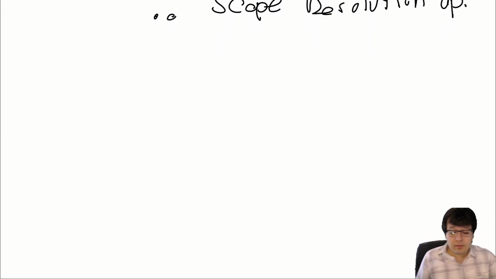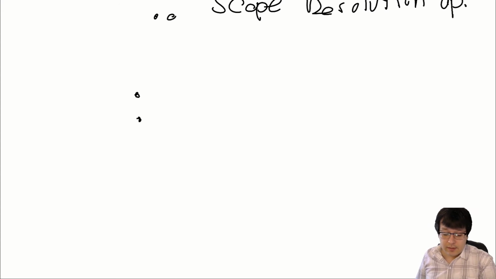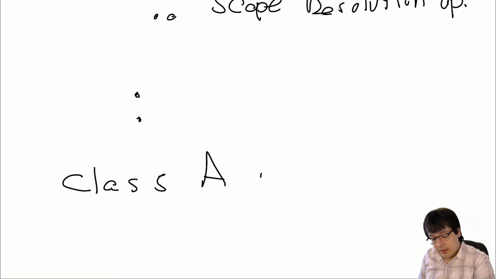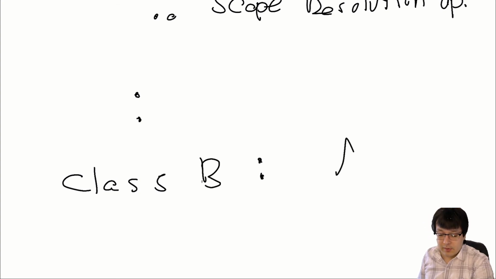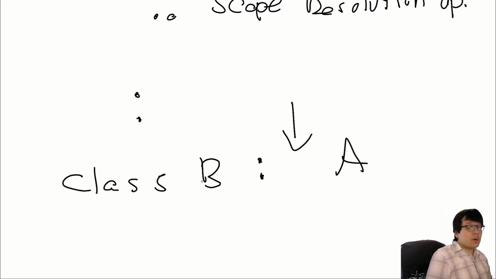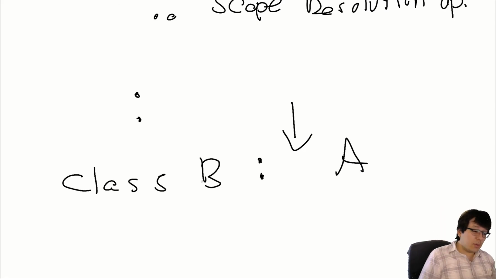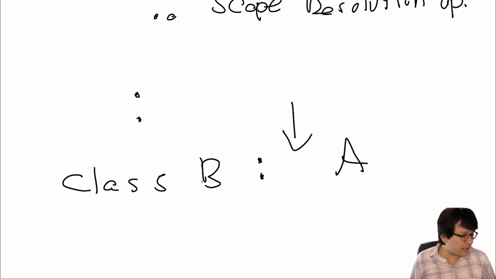And then the single colon is typically used for inheritance, like when you say class B inherits from something else like A, but in here you want to put a modifier. Otherwise it'll default to private, which you probably don't want. You want public or protected, most likely public, so you can keep the status quo per se.